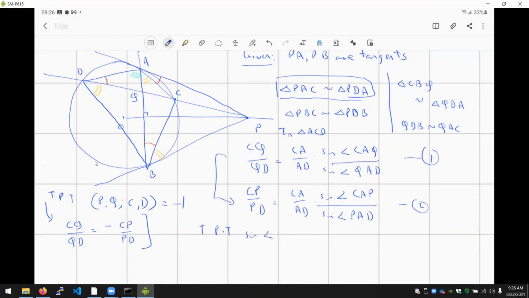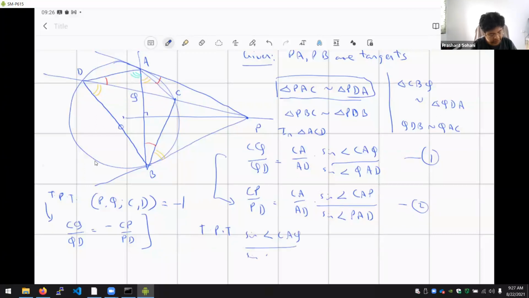We have to only prove that sine of CAQ, basically just the sine part will survive, sine of CAQ upon sine of QAD equals sine of, this is all we have to prove.